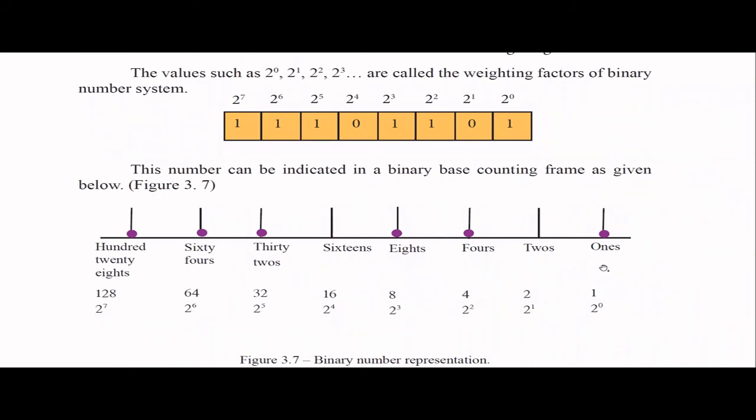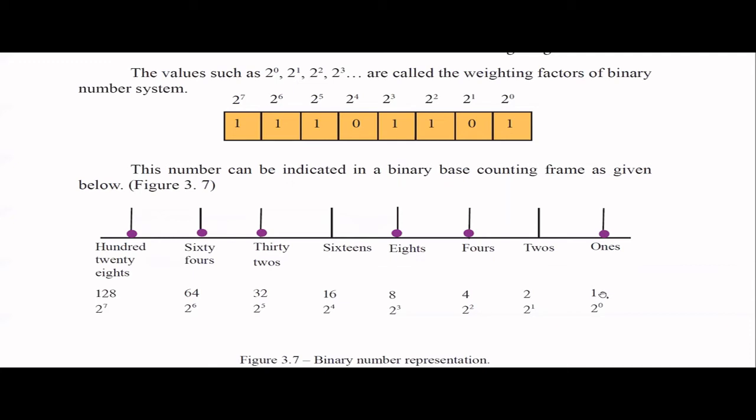In the earlier example, we learned these columns represent ones, tens, hundreds, and thousands. But in binary, these columns represent powers of 2. So 2 to the power 0 is 1, 2 to the power 1 is 2, 2 to the power 2 is 4, 2 to the power 3 is 8, like that, 16, 32. That is how this is represented. Understood? If you have one ball in the ones column, it means 1 into 1.